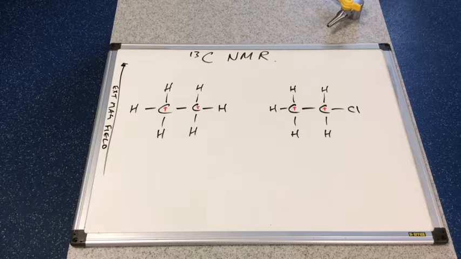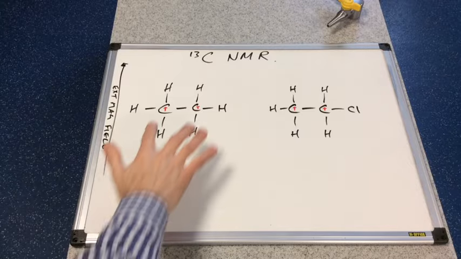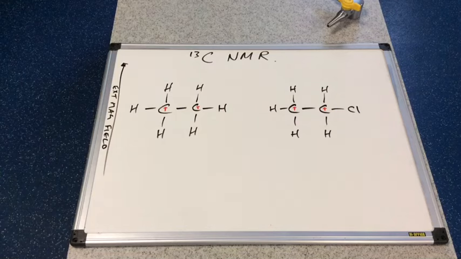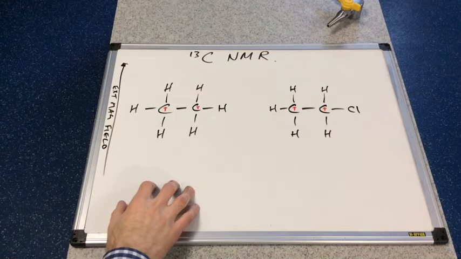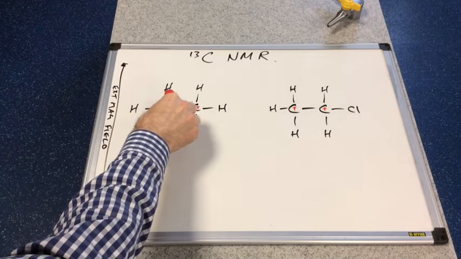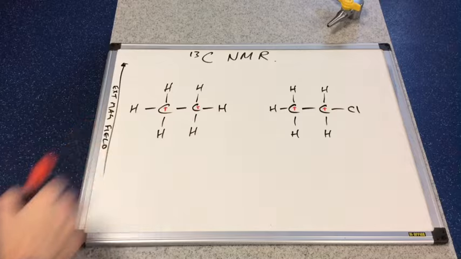Carbon-13 NMR only deals with the carbon atoms in the molecules. So what we're looking at is the amount of energy it's going to take to flip these spin states round.